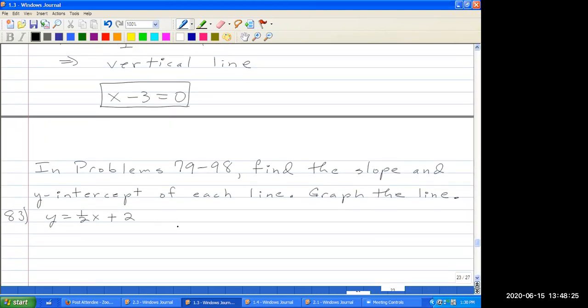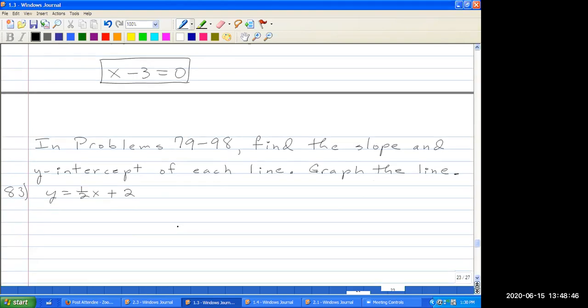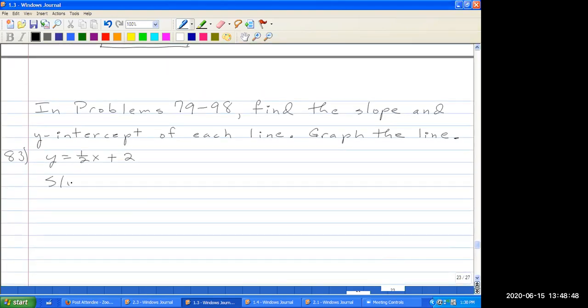Let's do problem number 83. In problems 79 through 98, find the slope and y-intercept of each line, graph the line. Okay, so this is actually in slope-intercept form. So they've actually given us a form where you can read off.